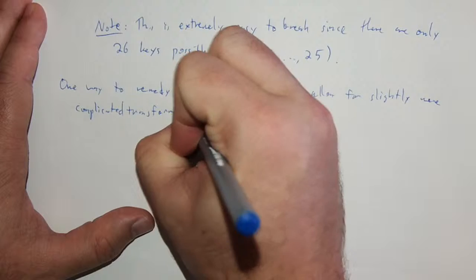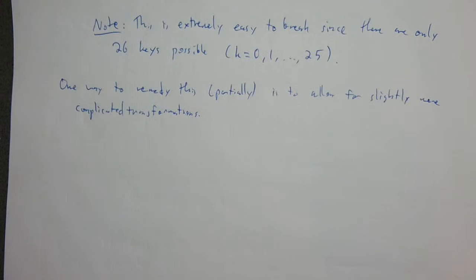Actually, one way to fully remedy this is to allow for vastly more complicated transformations. But the one that I'm going to talk about right now is called the affine cipher, and it's only slightly more complicated than the shift cipher. It's a combination of multiplication with a shift. That's why it's called an affine cipher.